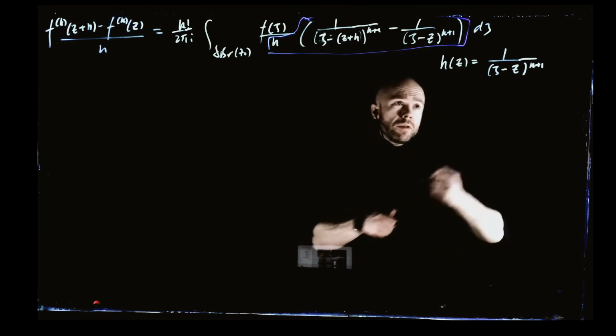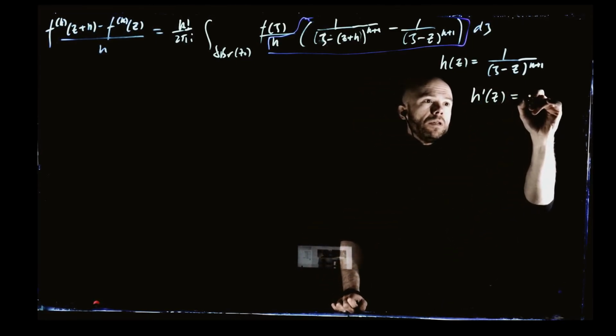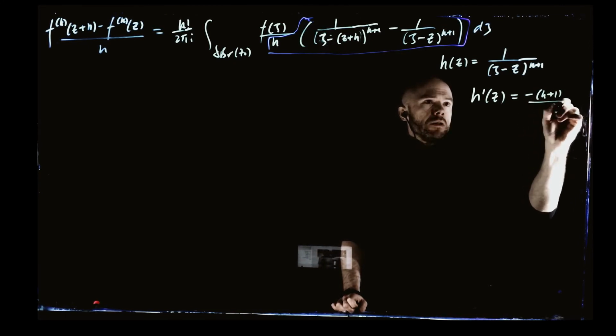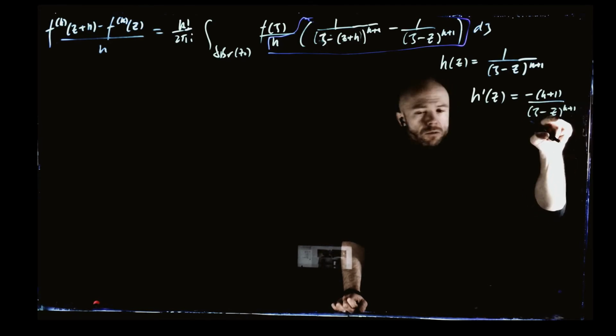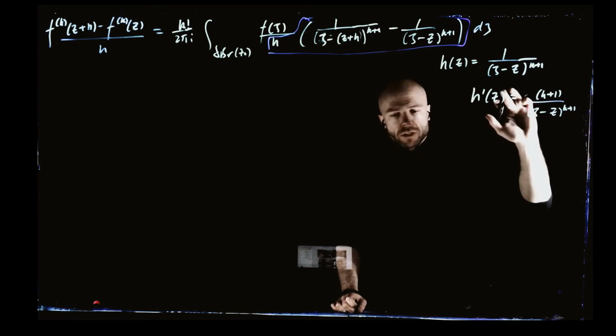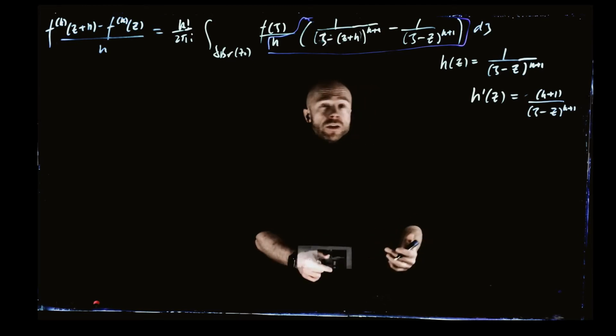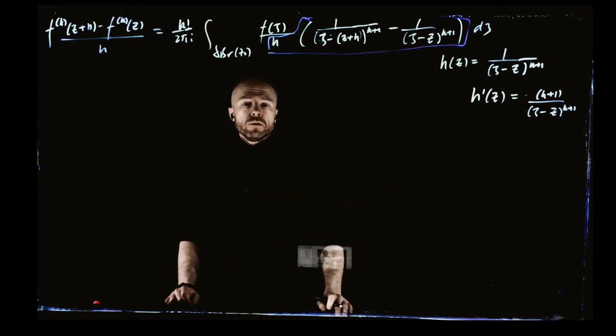And then what is the derivative of h? It's going to be minus k plus 1 over zeta minus z to the k plus 2, but then we also differentiate the inner function, which is minus z, and the minus cancels, so it gets to be this. Yeah? And that being true, that would give us exactly what we want, right?